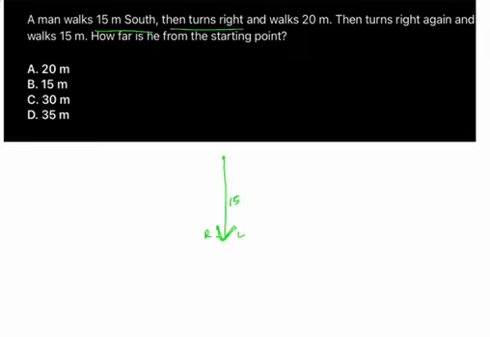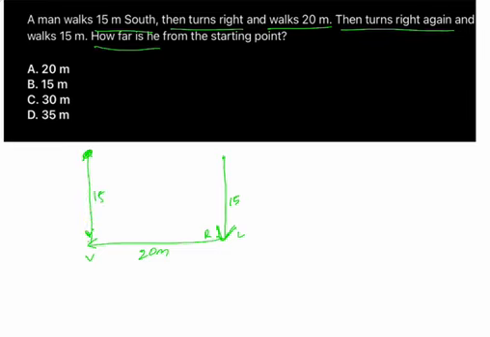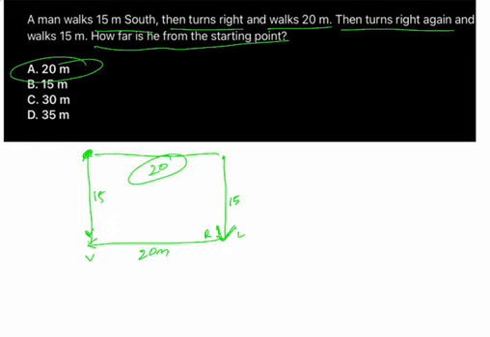Then he turns right and walks 20 meters. Then he turns right again and walks 15 meters. Now he is here. How far is he from the starting point? This is 20 means this is also 20. Answer is 20 meters.